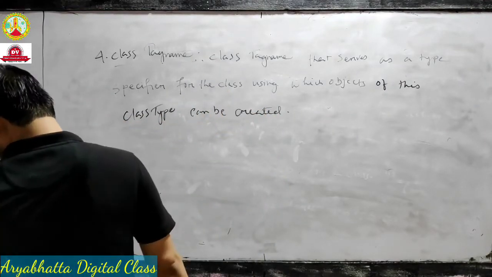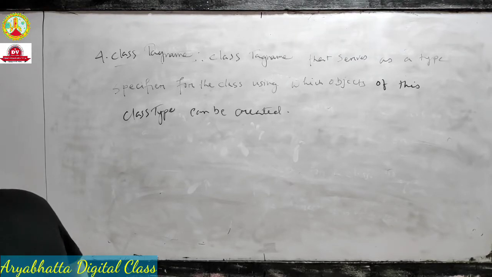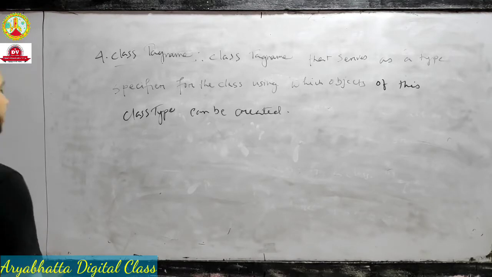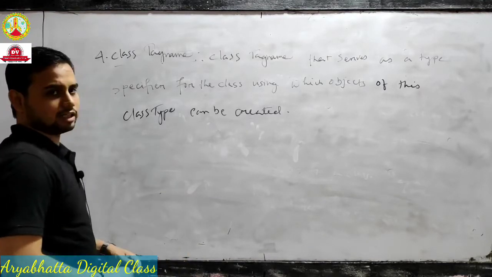Okay, it means the class tag name serves as a type specifier for a class, using which objects of this class type can be created. Okay, see. Class tag name means what?